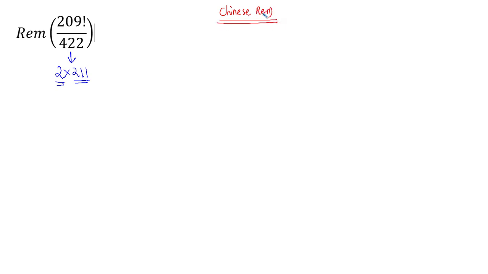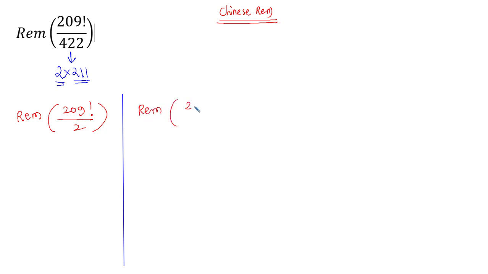First of all, let's divide 209 factorial by 2, and after that divide 209 factorial by 211, and find the remainders. 209 factorial is 1 into 2 into 3 into 4 and so on till 209.